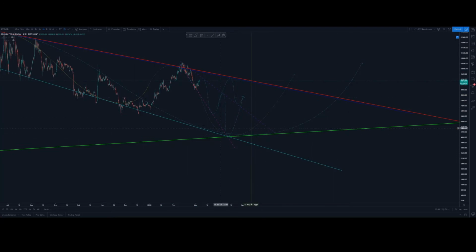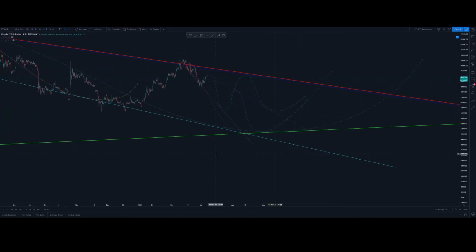Look at that. I think it's gonna go like that, actually. More like that. This would make a lot more sense, actually. This looks chopped up.